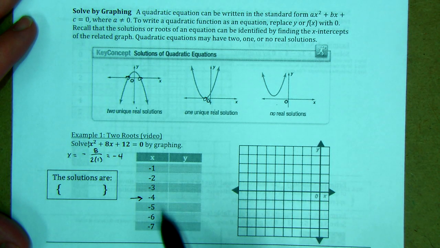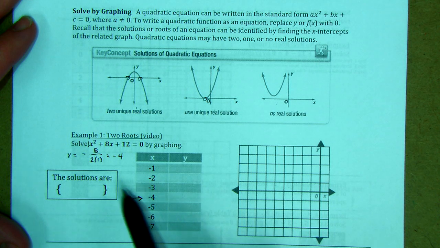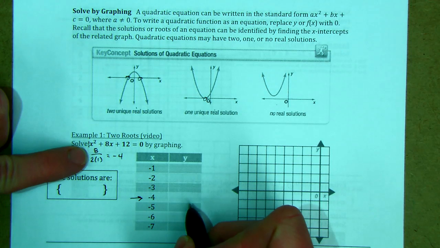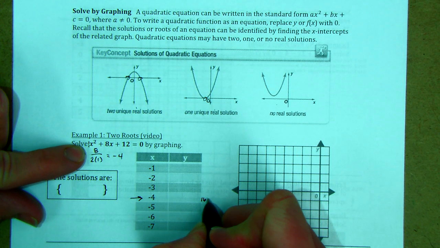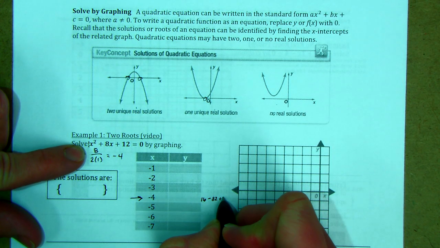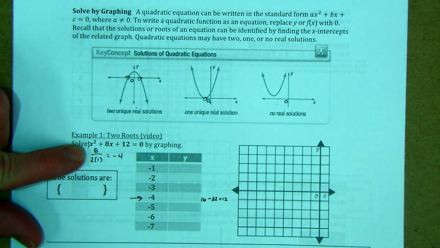When I plug in -4, I'm going to get a positive 16 minus 32 plus 12. And that will be, let's see, 16 and 12 is going to be 28, and minus 32 is going to be, is that -8?